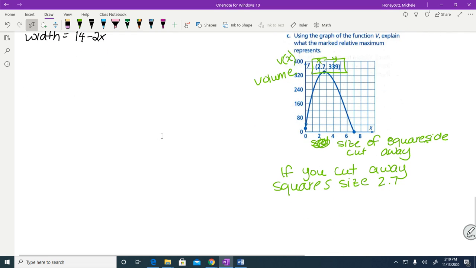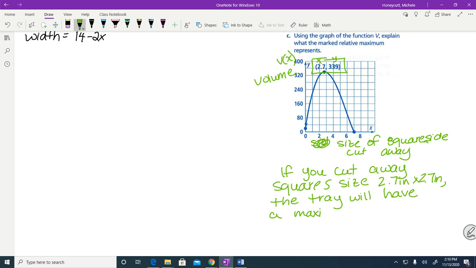Inches. 2.7 inches by 2.7 inches. The tray will have a maximum volume of 339 cubic inches.